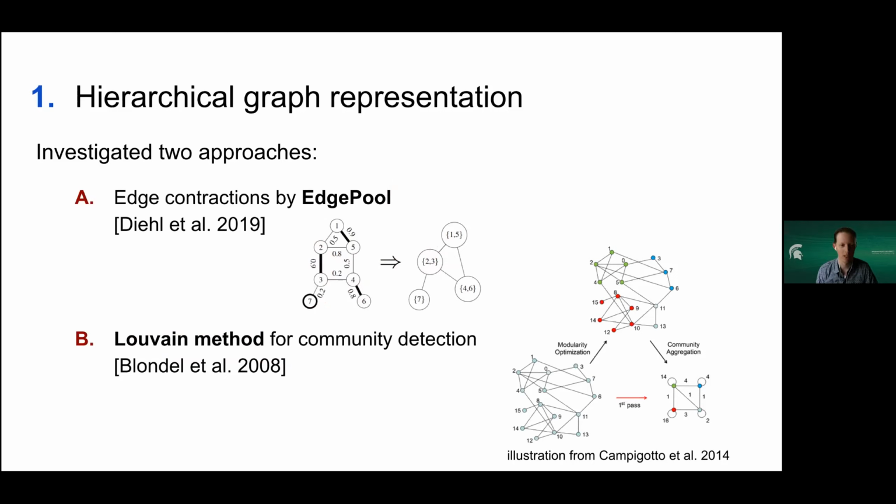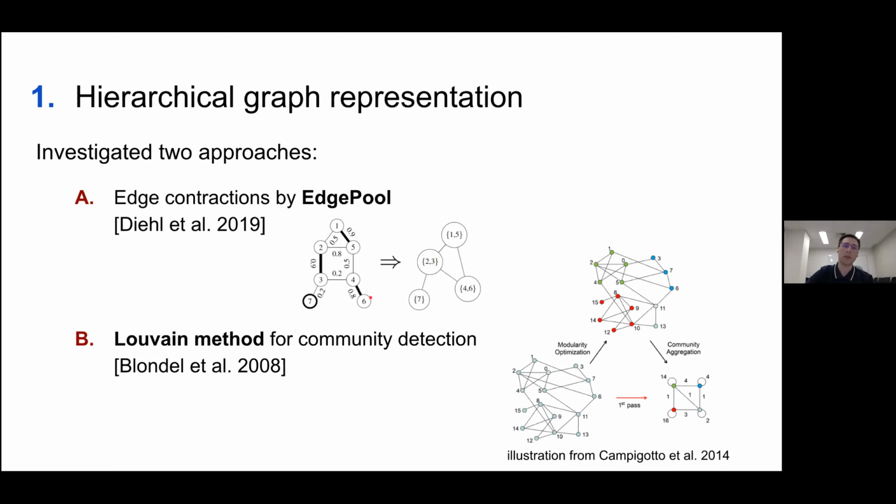Right. And in your numerical results, do you have any conclusion in terms of whether there's a significant advantage between edge pool and the Louvain method, in the context of your network?